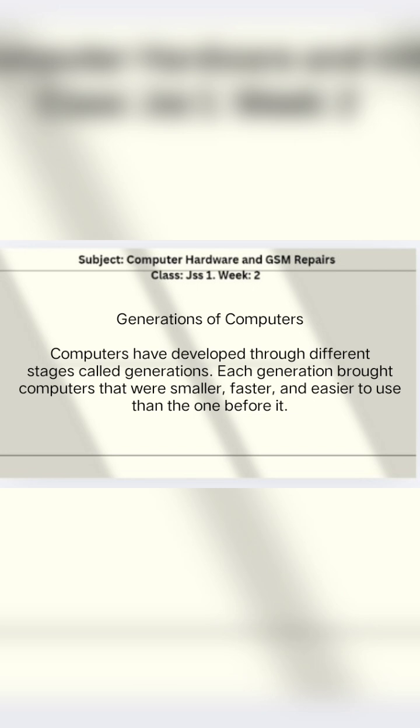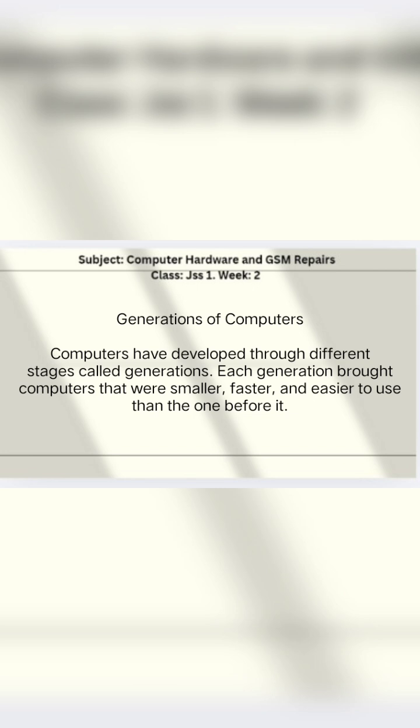The second generation was as big as a very large cupboard, and the third generation was as big as a large desk. In the fourth generation, the computer became much smaller, so that we were able to put a computer on our desk and use it at home. Computers started fitting into our bags.